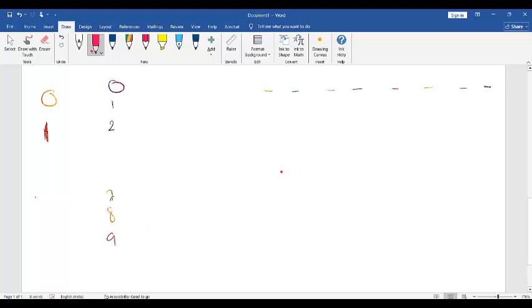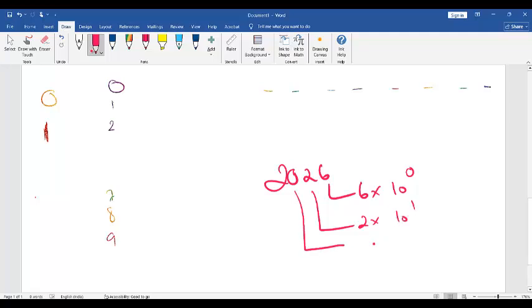In our school days, we might have done this. 2026. 6 multiplied by 10 to the power of 0. 2 multiplied by 10 to the power of 1. 0 multiplied by 10 to the power of 2. 2 multiplied by 10 to the power of 3.